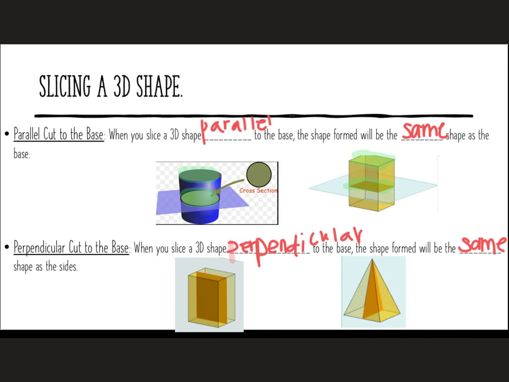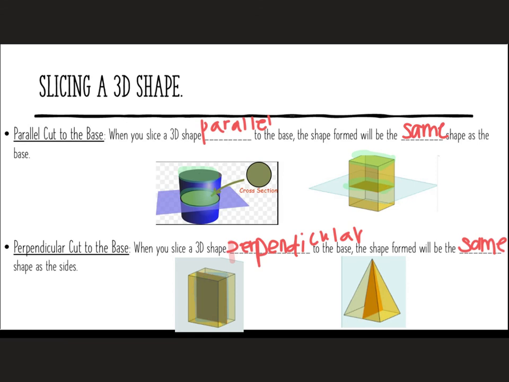So we have two examples again. Here's a rectangular prism and a rectangular pyramid. Notice they're slicing the shape perpendicular to the base, so it's going straight up and down here. And as you can see on this rectangular prism, my sides are rectangles, so my cross section is a rectangle as well.